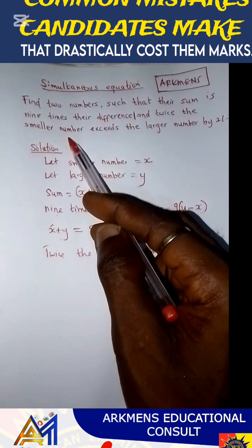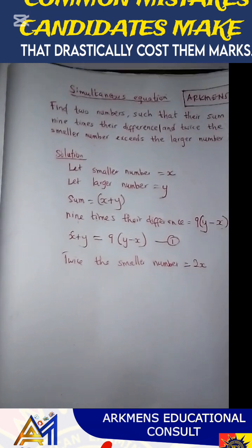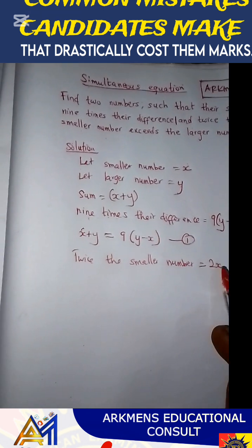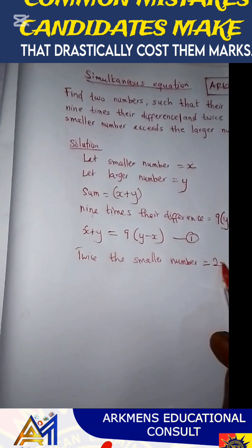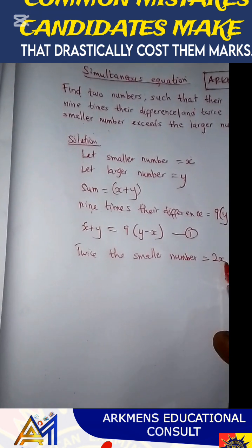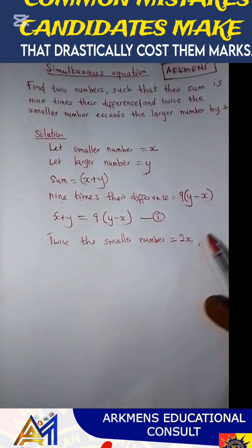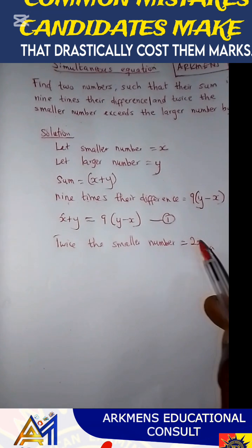And twice the smaller number exceeds the larger number by 21. This is where the confusion comes in. It says that this number exceeds the larger number by 21, meaning the difference between this and the larger number is 21. So when 21 is added to the larger number, automatically it should be the same as this.